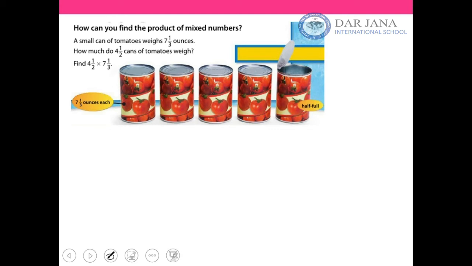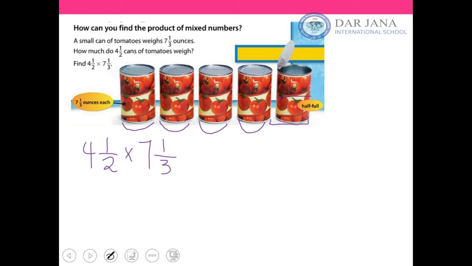So I got 4 full cans, and this one I have half filled. So this is 4.5 cans. To be able to know how much they weigh, I need to multiply 4 and 1/2 multiplied by 7 and 1 out of 3.